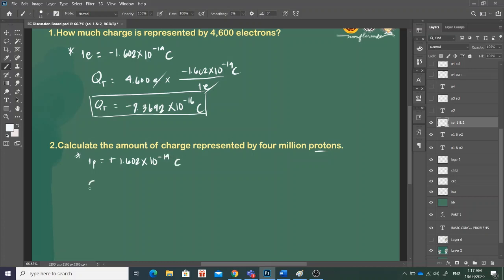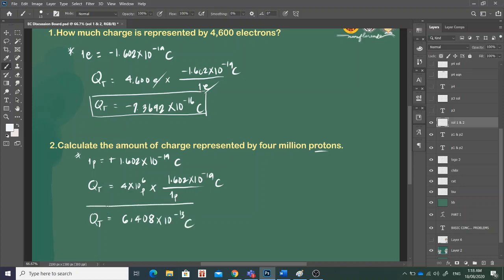Okay, so the total charge represented by 4 million protons, 4 times 10 raised to 6, multiplied by, this is proton, 1 proton is equal to 1.602 times 10 raised to negative 19 coulomb. So total charge is equivalent to 6.408 times 10 raised to negative 13 coulomb.